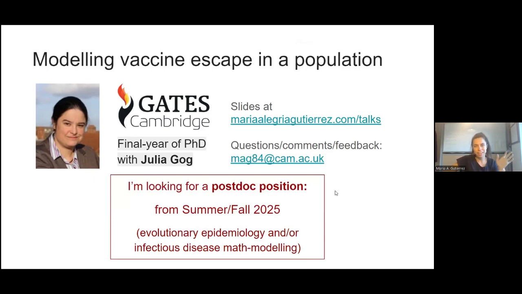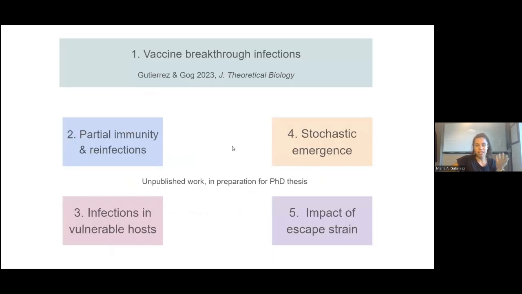So with that, let's get back to the goals for today and the discussion that we're going to have about vaccine escape. First, I'm going to start by sharing this model that we published last year, which I think is the backbone of my PhD research. What I'm going to talk about today is how we model vaccine escape in a population.